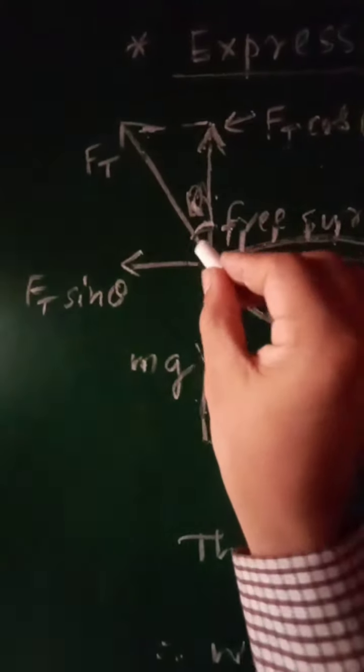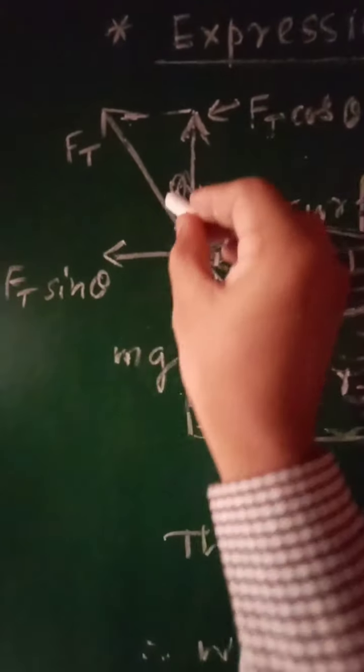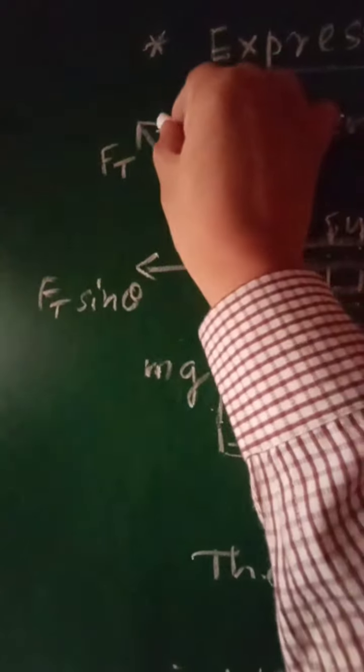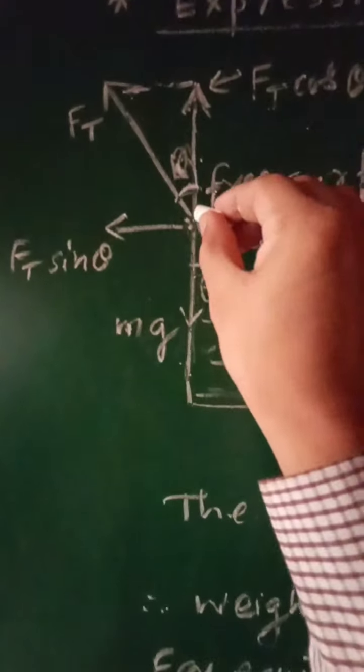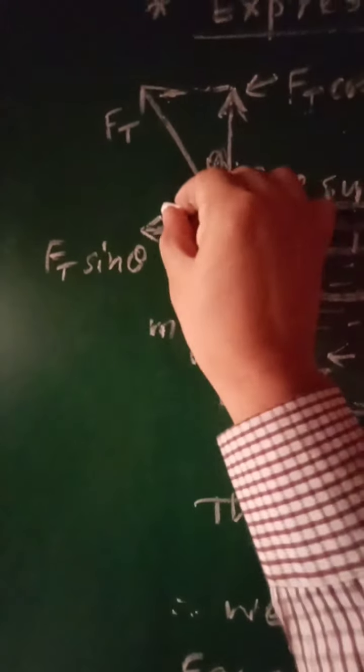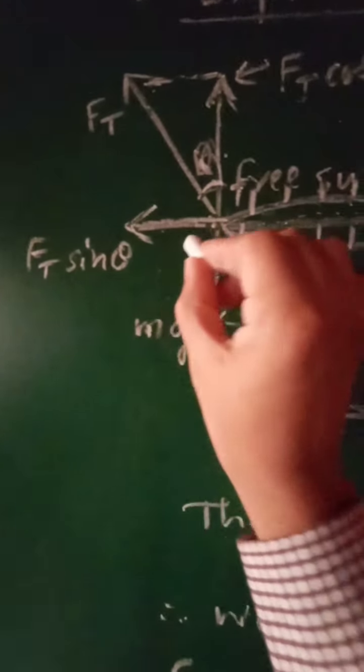On the other hand, the horizontal component will be this component, that is, it is parallel to the opposite side, and hence this component will be Ft sin theta.